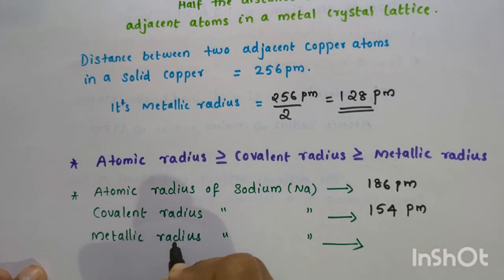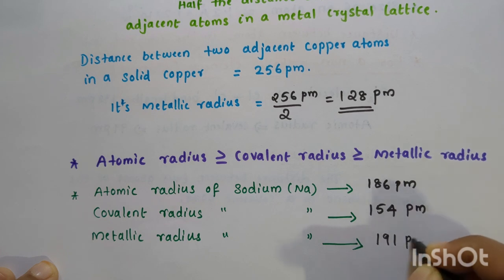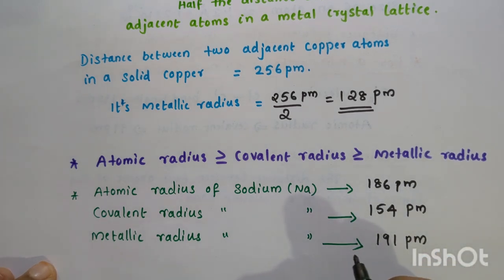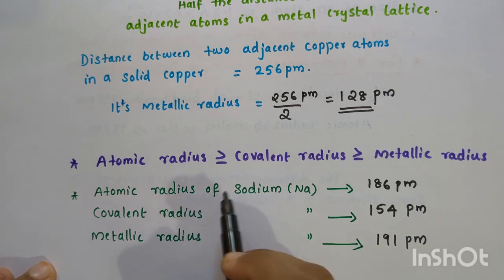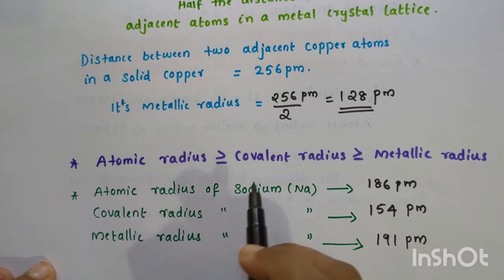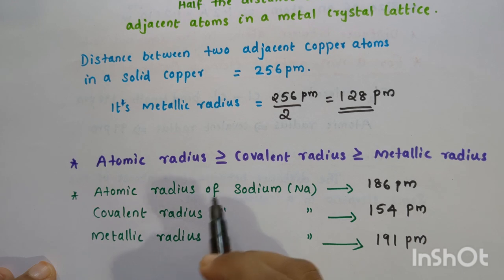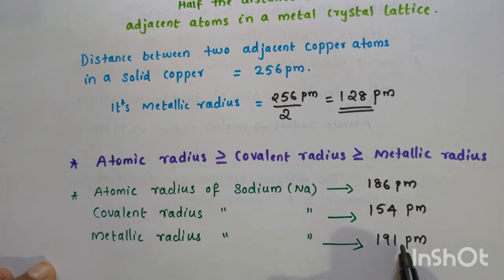And the metallic radius of sodium atom is equal to 191 picometer in a metallic crystal lattice. That is, when sodium is in its metallic state, forming a crystal lattice with other sodium atoms, the distance between the center of one sodium atom and the center of its nearest neighboring sodium atom is 191 picometer.